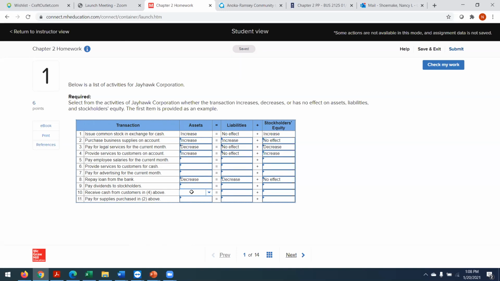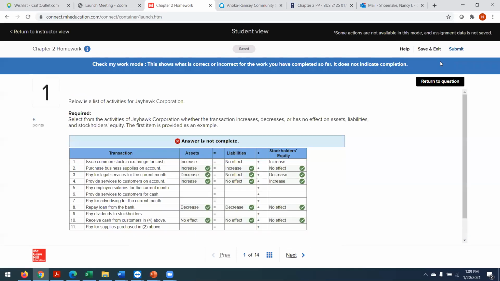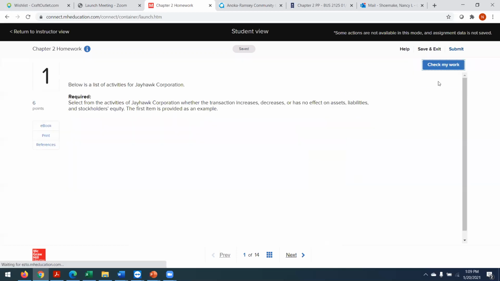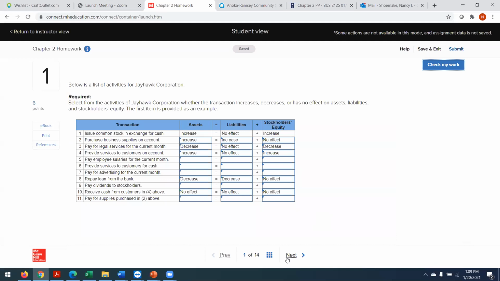Yes. So ultimately, with assets, there was no effect, was there? Right? You can always check your work. The answer's not complete, but you can check your work, okay?